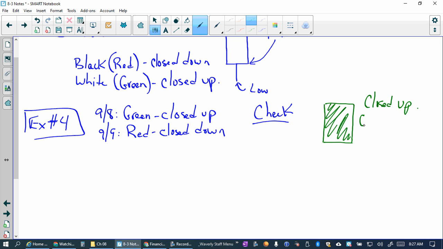So the closing price was the high, right? And the opening price was the daily low.